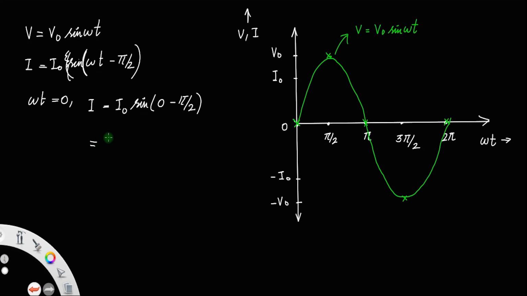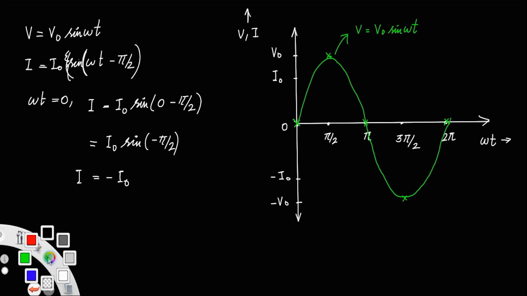So this is equal to I0 sine minus pi by 2. Sine of minus 90 is minus 1, so minus I0. That means when omega t is 0, the value of I is minus I0. So the graph of current starts from here.